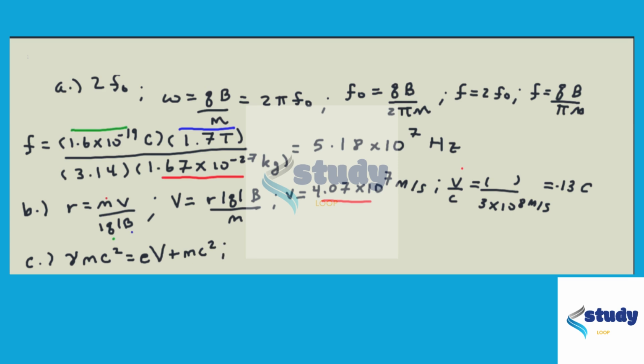All right, now I'm going to solve this for EV on the left. EV is equal to gamma minus 1 times rest mass. And I get that the accelerating potential is equal to gamma minus 1 times mc squared divided by E.